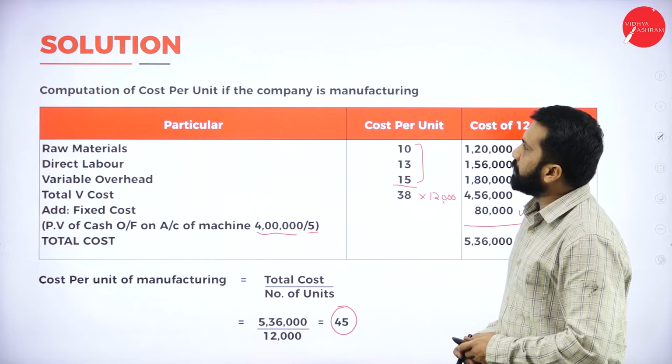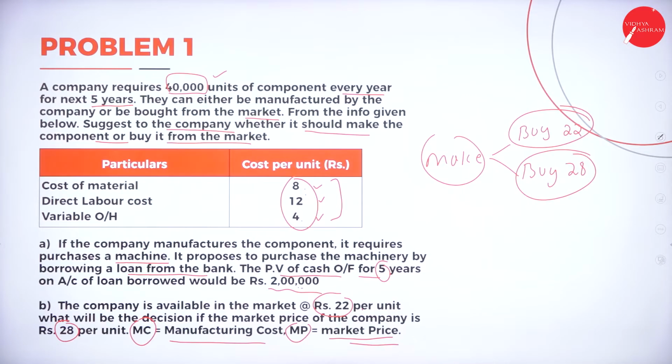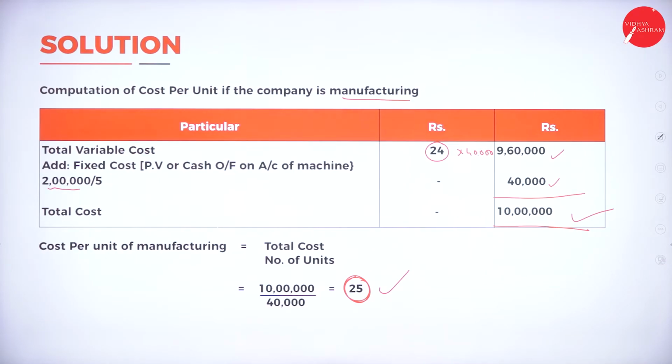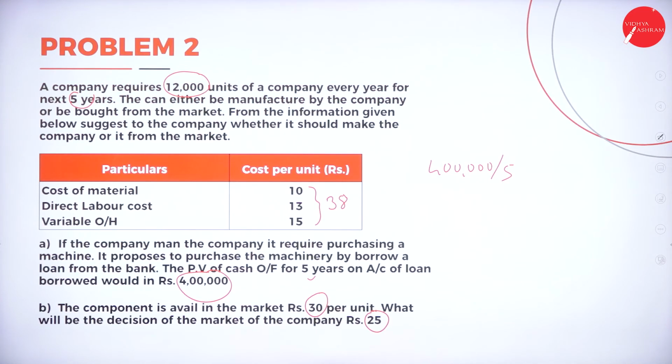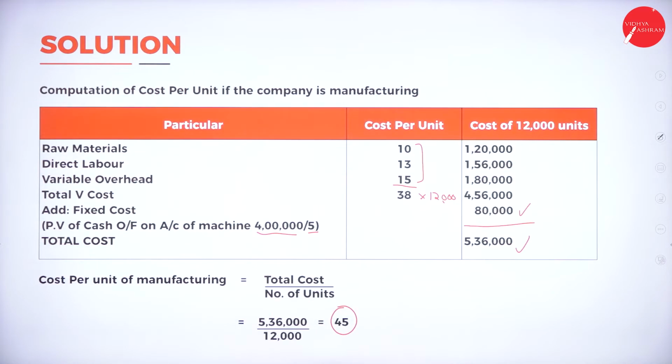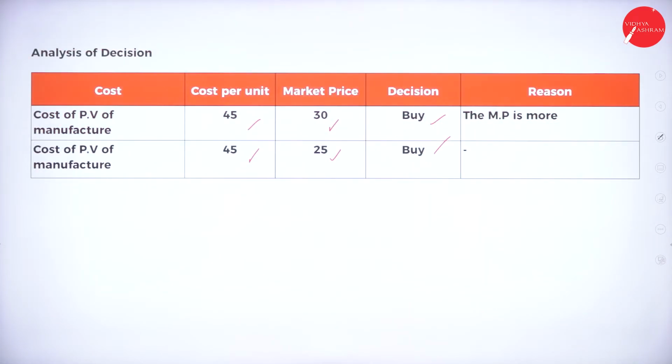I'll go back to your previous slides. So, this is your question number 1. Your solution part. Your conclusion for question number 1. Question number 2. Your solution part. Your final result, conclusion.